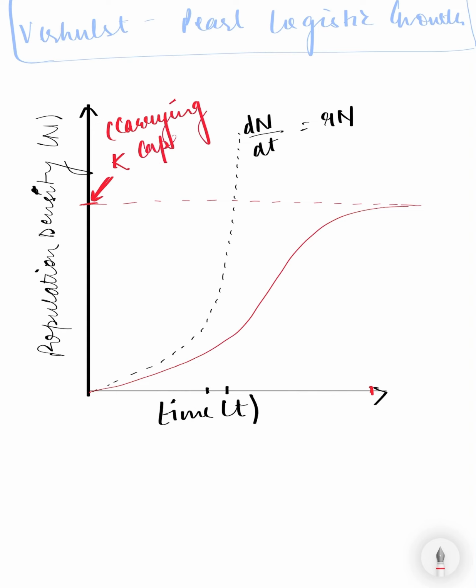This is the population density which is stable at a particular time, because the resources are limited here. So this is our first equation. Now this is the graph for the second equation, dN by dt equals rN (K minus N) upon K.